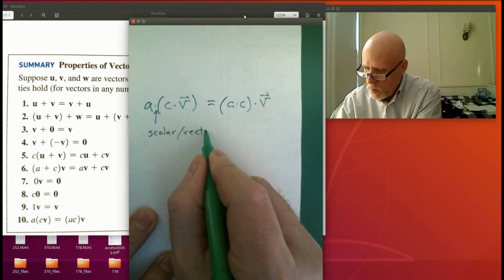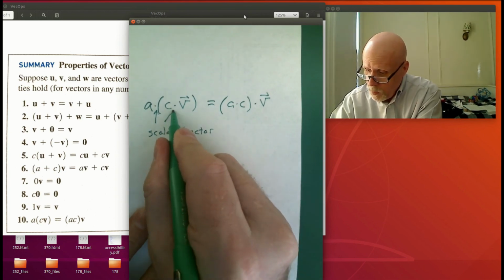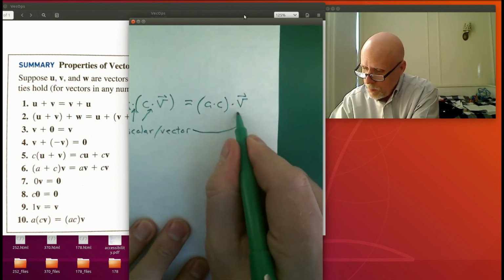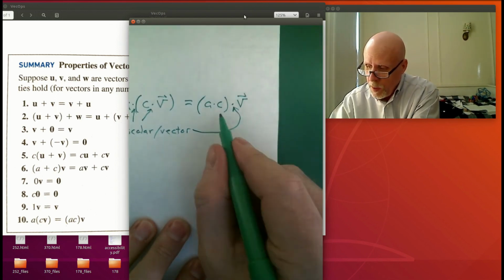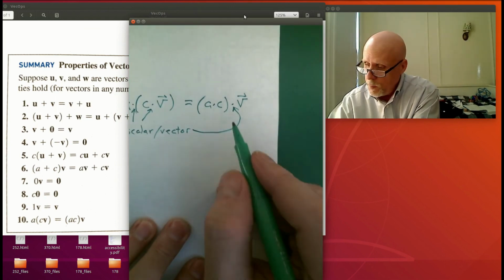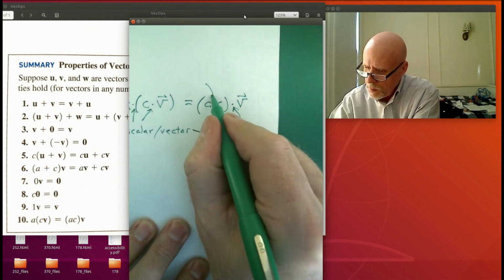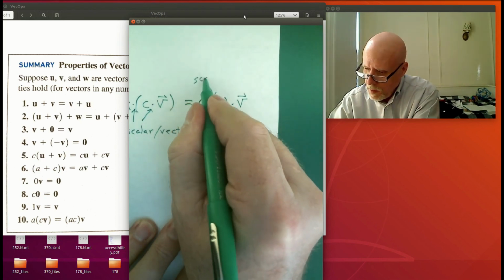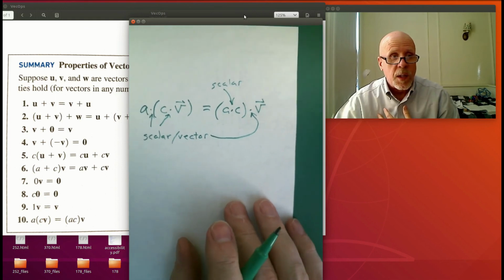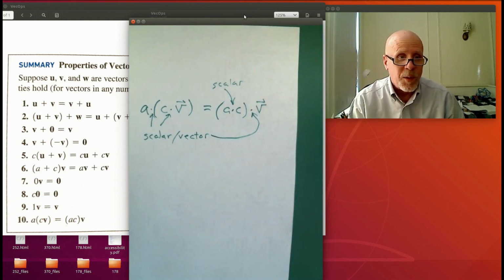That is a scalar times a vector, as is this one. But the dot in the middle between A and C, that's regular old scalar multiplication. So that's a scalar times a scalar. In other words, the two dots on one side are both scalar vector products.